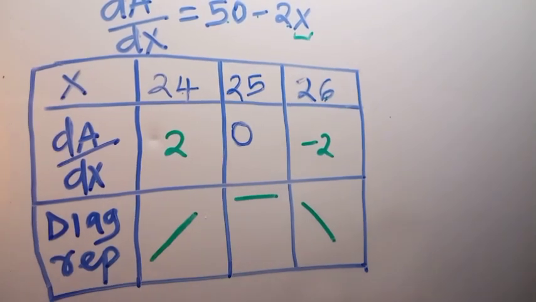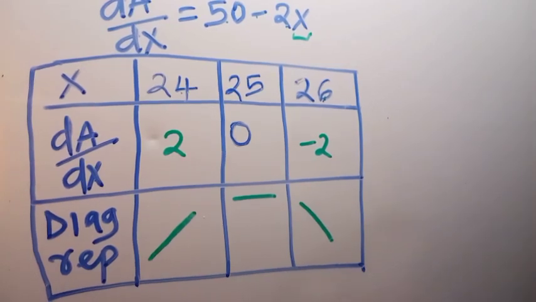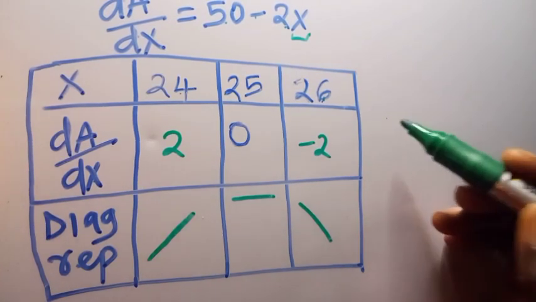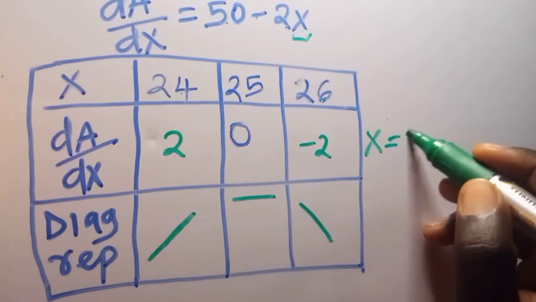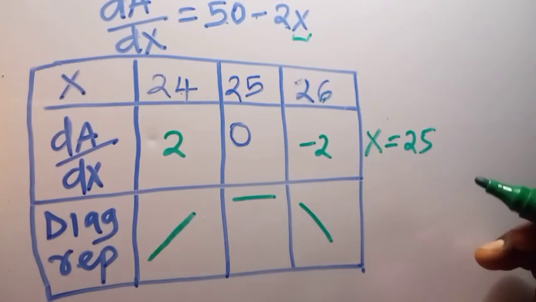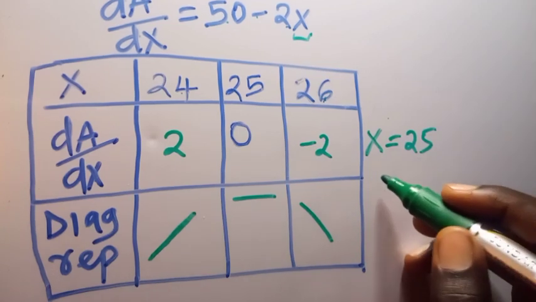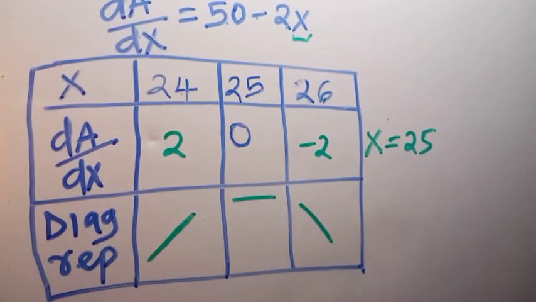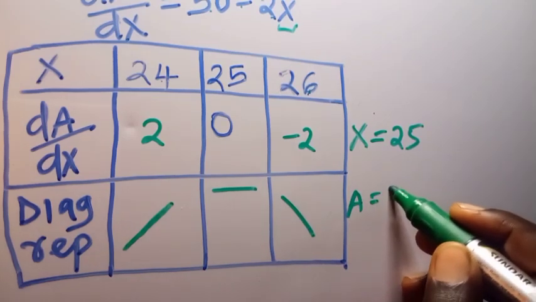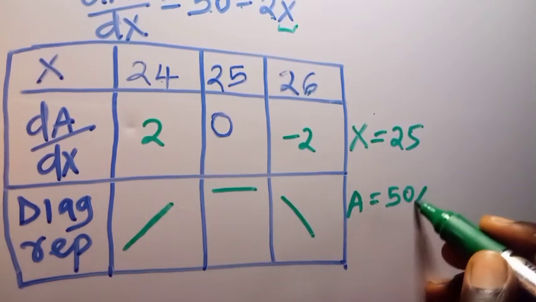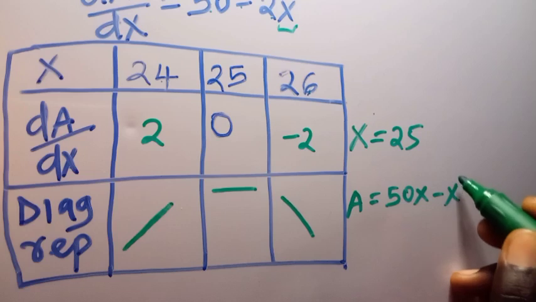And since when x is 25 our area is maximum, then we shall substitute the value of x equals 25 in our original area. Our original area was 50x minus x squared.